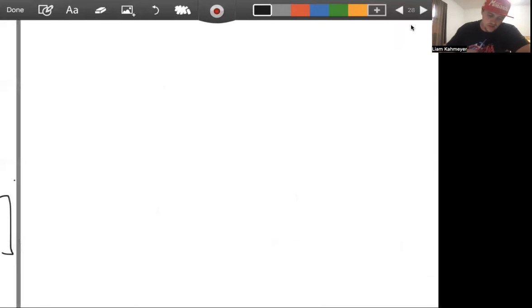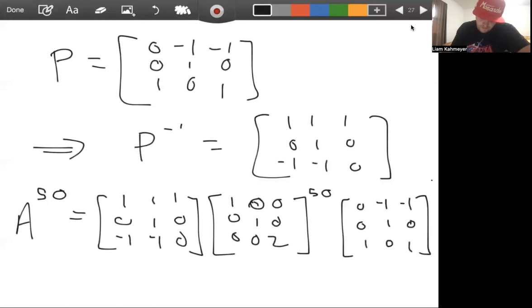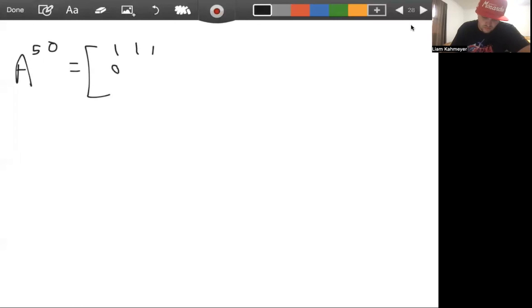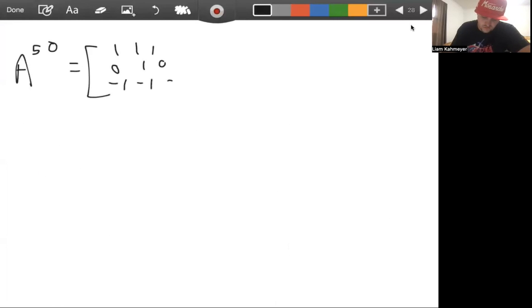And so what we get is that A to the 50th is P inverse again, so 1, 1, 1, 0, 1, 0, negative 1, negative 1, 0. And then the diagonal matrix to the 50th power is 1 to the 50th, 1 to the 50th, 2 to the 50th.